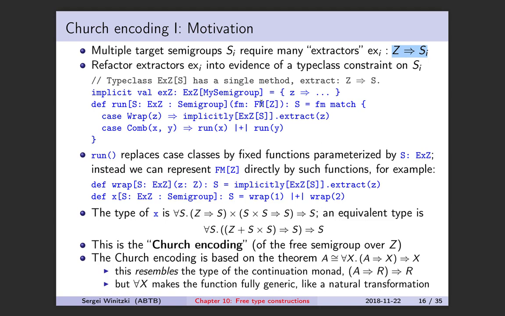So far this is a refactoring that doesn't seem to bring a lot of benefit, except that now this code is going to be completely the same for all extractors, and we just need to define different extractor type classes for different semigroups.